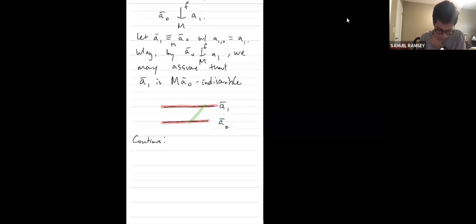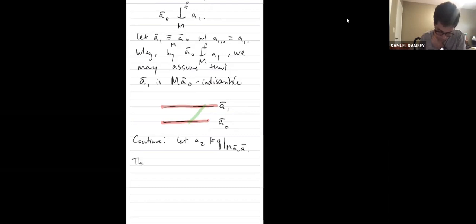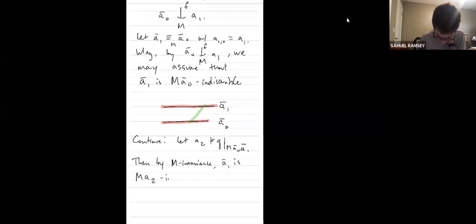So what we will do is we will let A bar 2 realize Q over M A bar 0, A bar 1. Then by M invariance, we have that each A bar i is M A2 indiscernible.